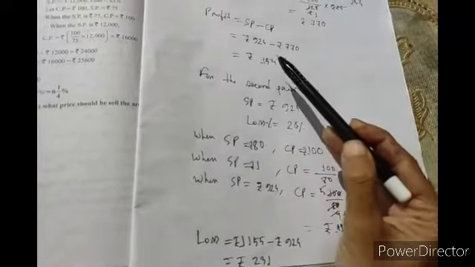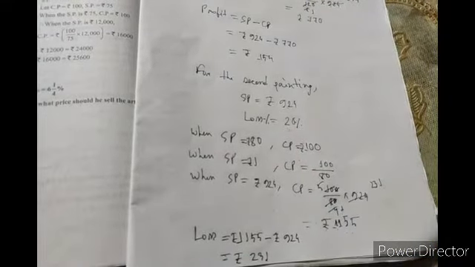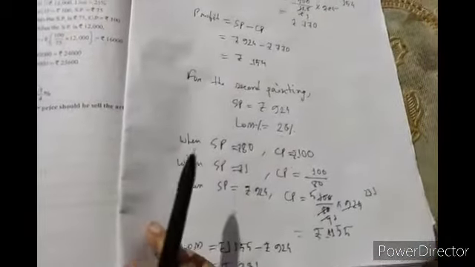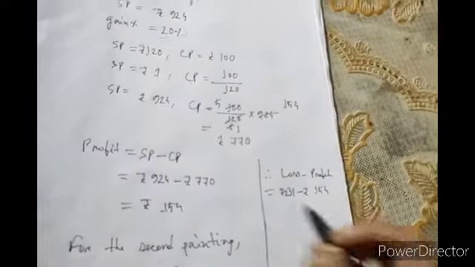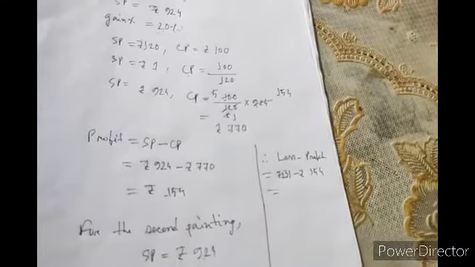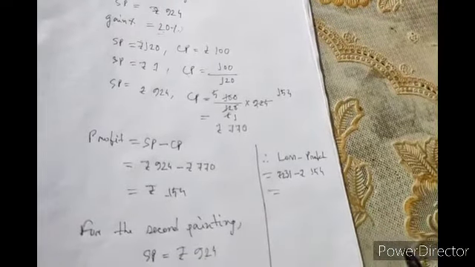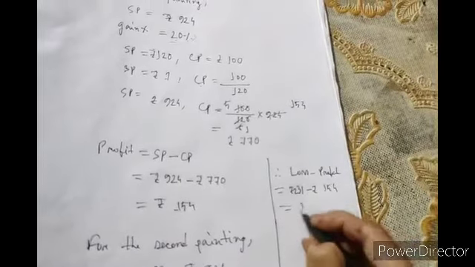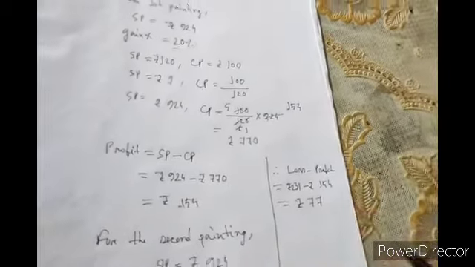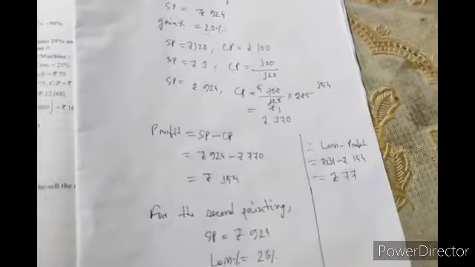Loss minus profit. That means you will simply subtract 154 from 231. Loss minus profit: value of loss rupees 231 and value of profit rupees 154. So here we will get the answer rupees 77. So you will incur a loss of rupees 77.